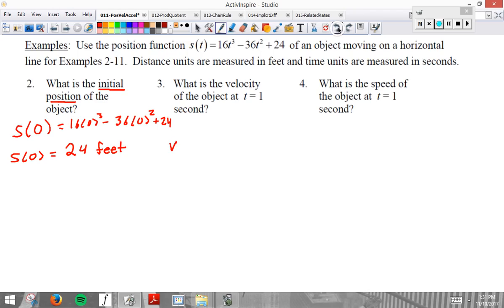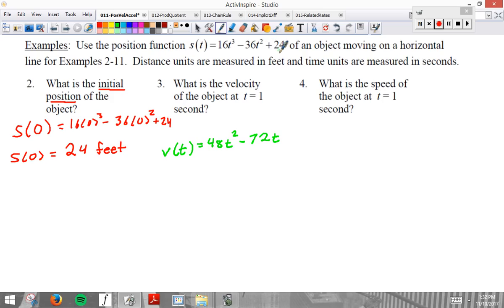So we take this derivative, v of t: 3 comes down, 3 times 16 is 48, t, 3 minus 1 is 2, minus 2 times 36 is 72, t, 2 minus 1 is 1, so we won't write the exponent.